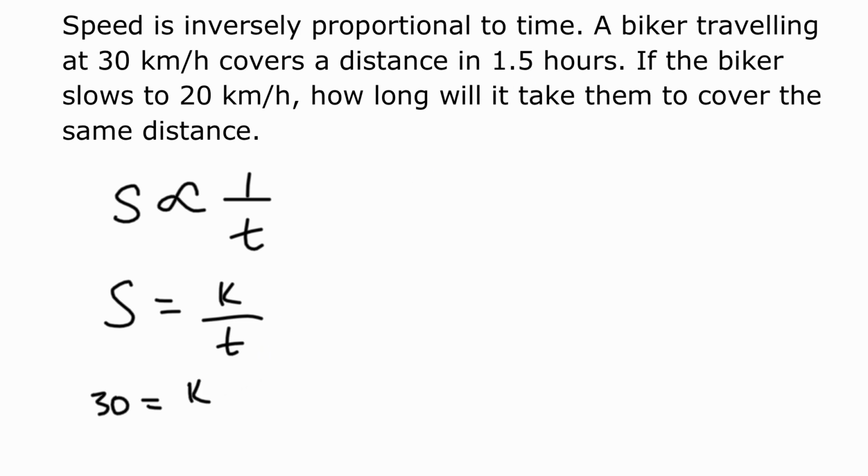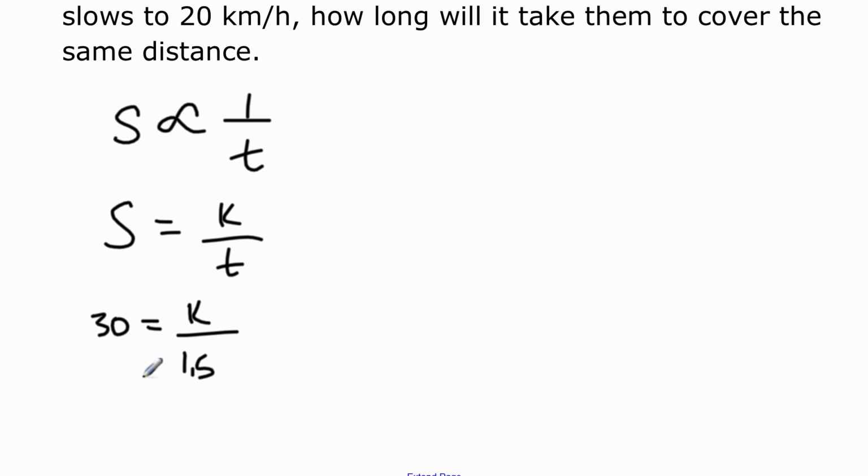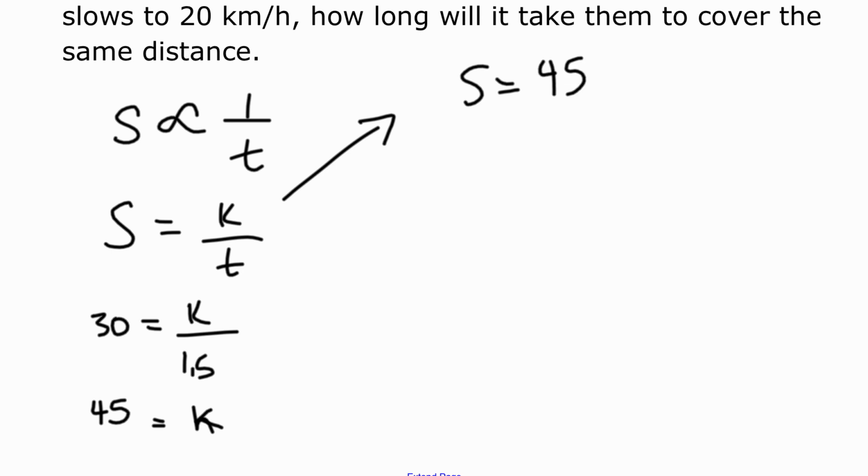So K over 1.5 hours. Multiplying both sides by 1.5, and you get K is equal to 30 times 1.5, I think is 45. So my constant's 45. So I can rewrite this formula as S is equal to, my constant I now know for this specific example is 45 over T.